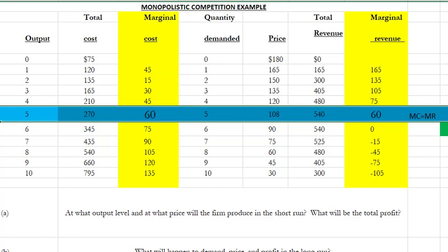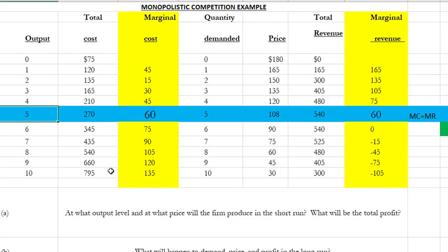So look at it. What price should you charge for the good? Charge 108 because that's where your profits are maximized. How much of the good should you produce and sell? Produce 5 because that's where your profits are maximized.